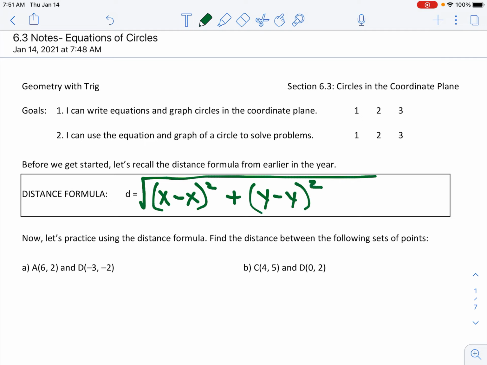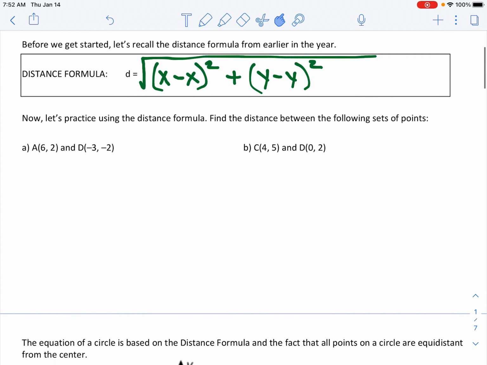I don't do the x2 and the x1, etc. Just remember, stay with a pattern. If you start with x, you must start with the y. Stay with a consistent pattern to plug them in and then clean it up. Sometimes you'll get a decimal, sometimes you'll get a whole number.